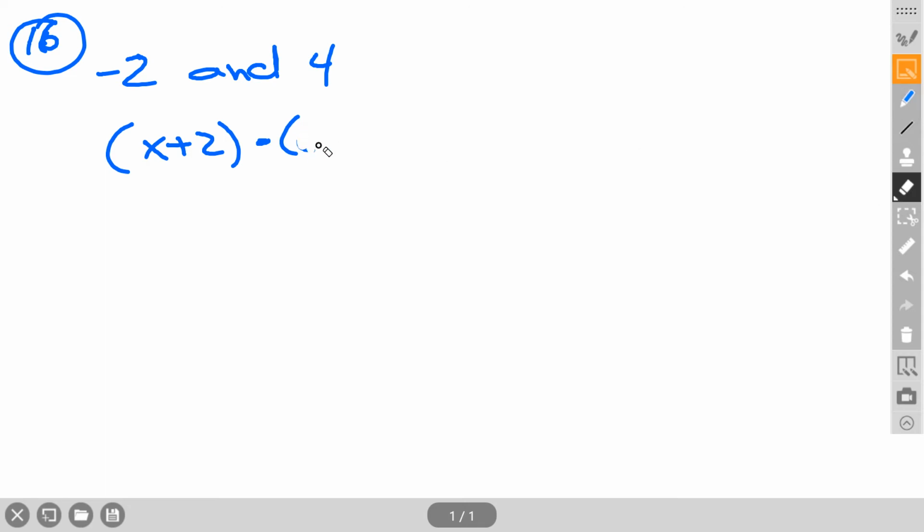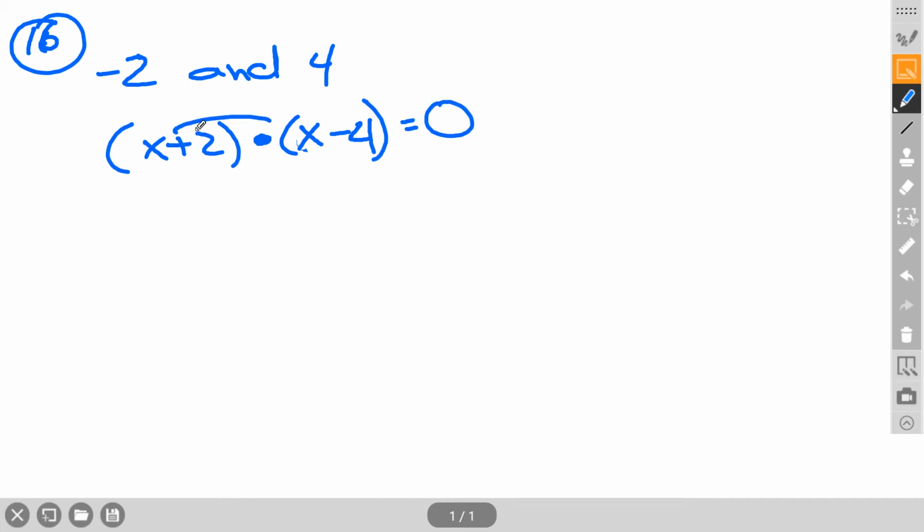16, same thing. I want an equation in standard form that has the solutions negative 2 and 4. So negative 2 provides me with a factor of x plus 2, and 4 provides me with the factor of x minus 4. And those two together should multiply to make 0.